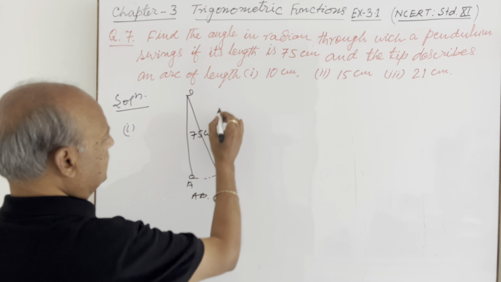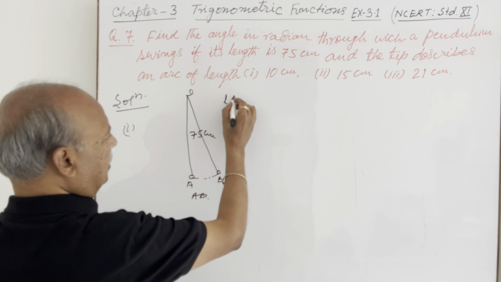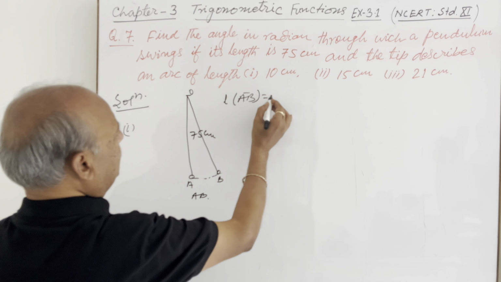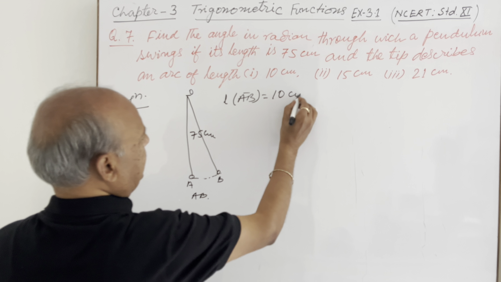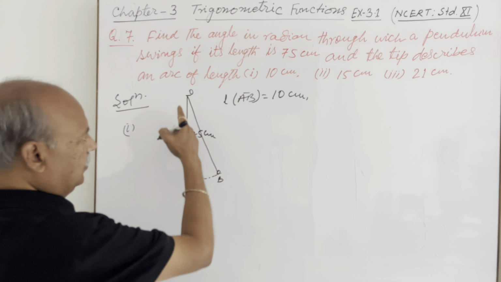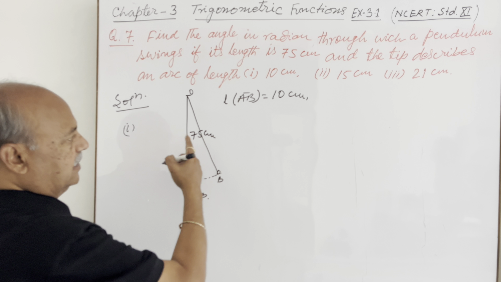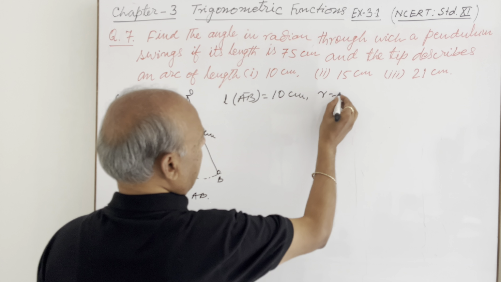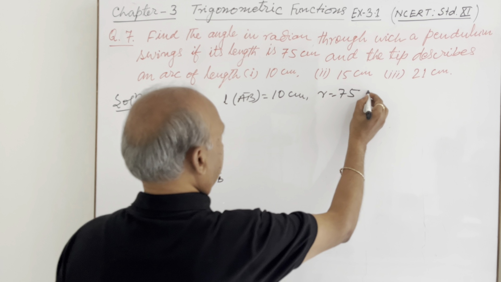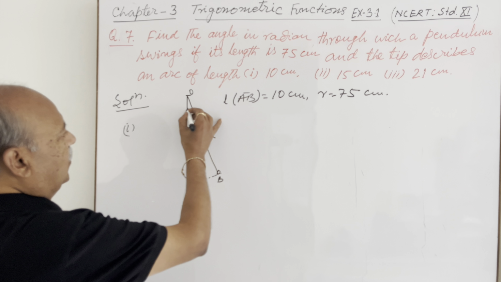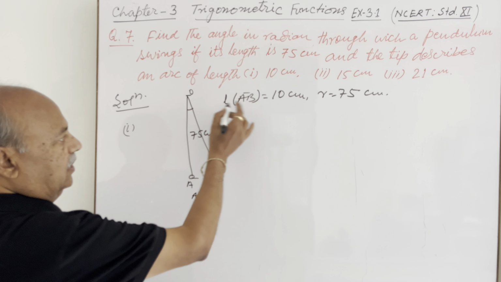In the first case, the length of arc AB is given as 10 centimeter. And OA or OB will be taken as radius. So R is equal to 75 centimeter. We have to find the central angle theta in radian.